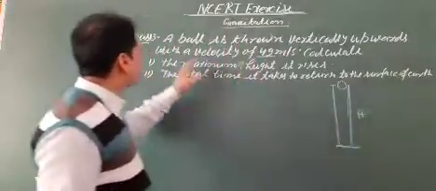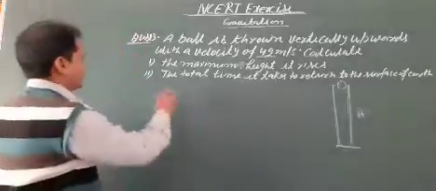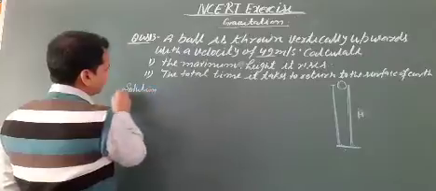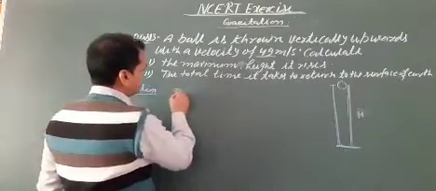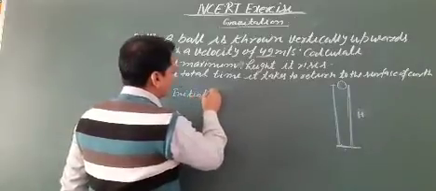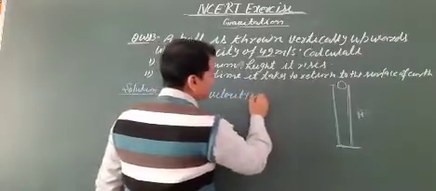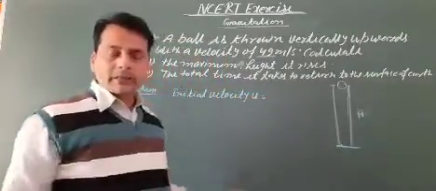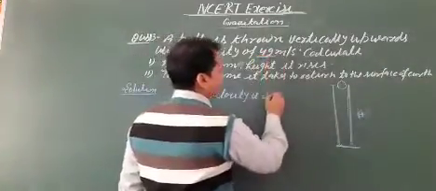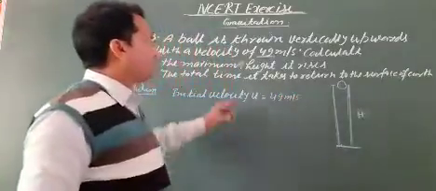So it is clear that the initial velocity of the ball, u, is 49 meter per second, vertically upwards.